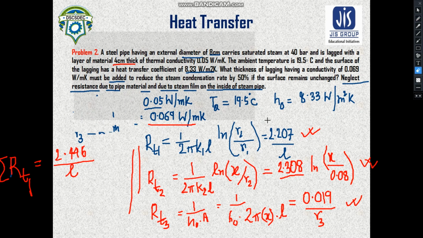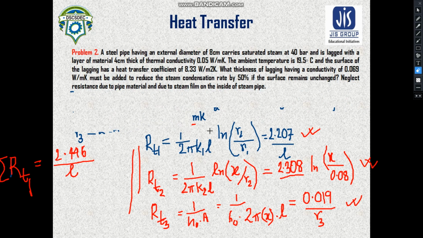So let us just remove all this, so it would give us some space to write the sum of all the thermal resistances in the second case when the extra layer of x centimeter thick insulation has been provided. So let us write the summation of RT2, which means the sum of all the thermal resistances when an extra x centimeter thick insulation layer has been provided.